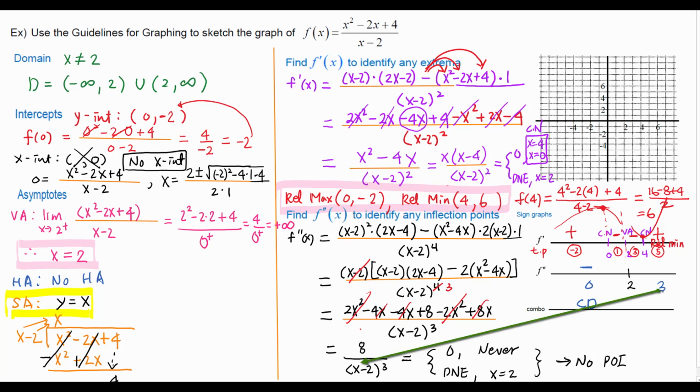And now test 3 in your f double prime. That's 8, which is positive, over quantity 3 minus 2 cubed, which is positive. So it is positive from 2 to infinity, which means concave up on the interval 2 to infinity.